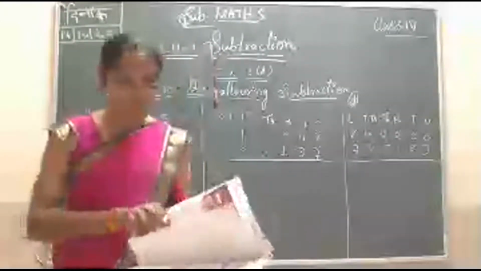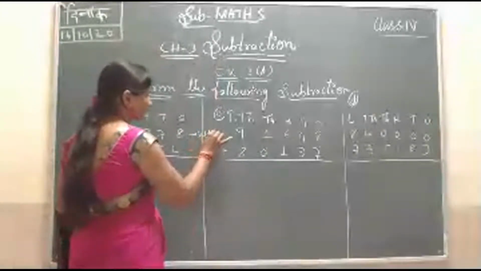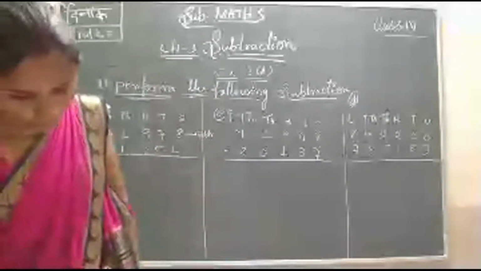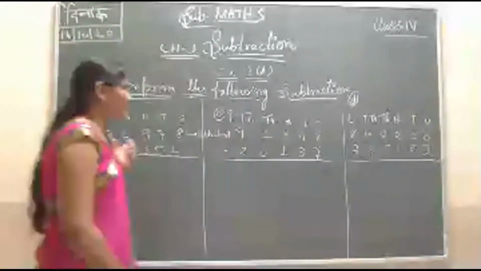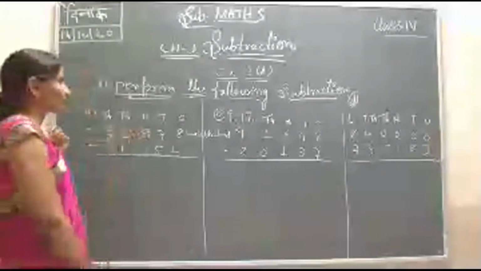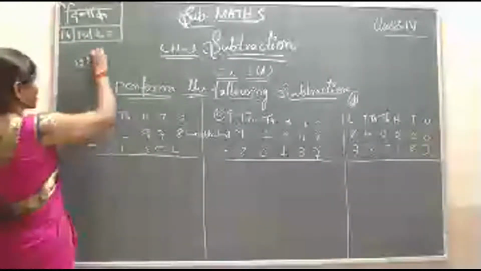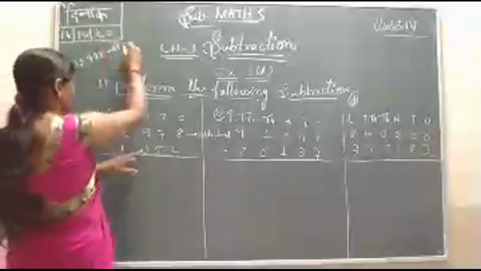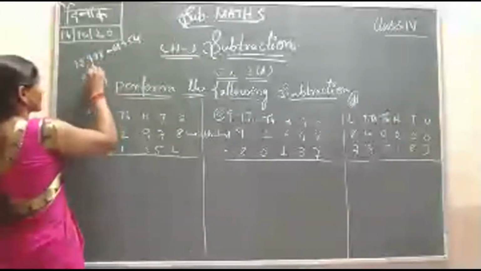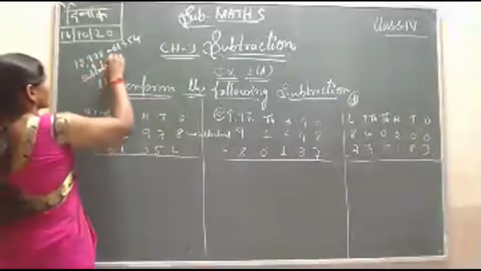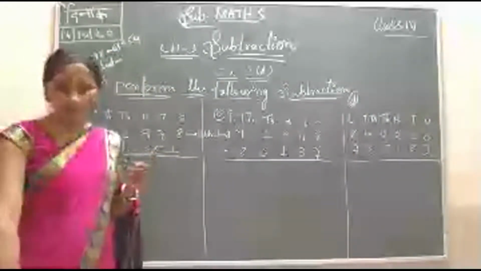What is the name of this? This is the subtrahend, students. 72,978 minus 61,354. What is the name of this? Subtrahend. The upper number is the minuend.